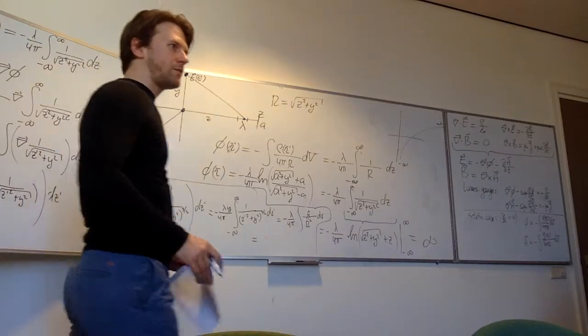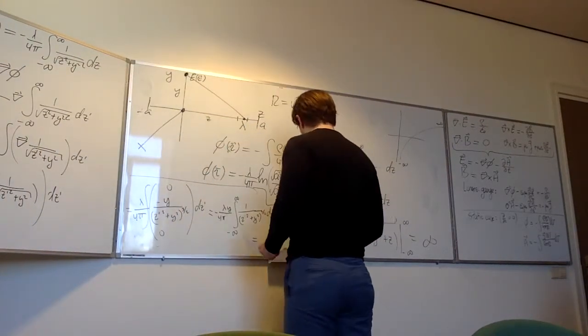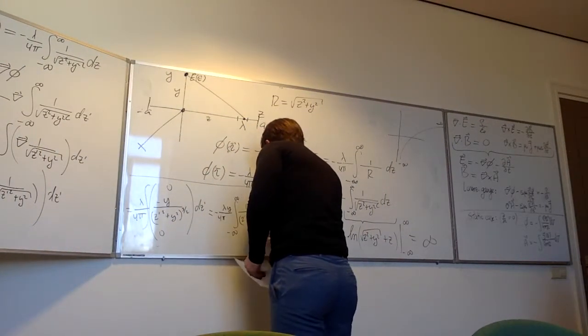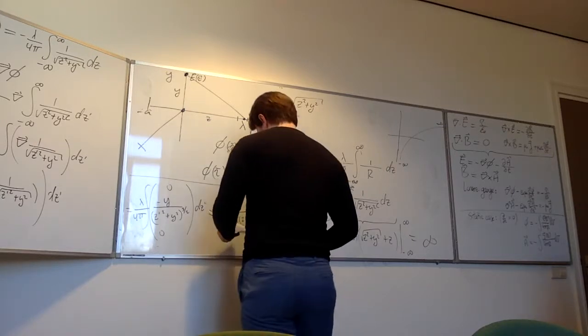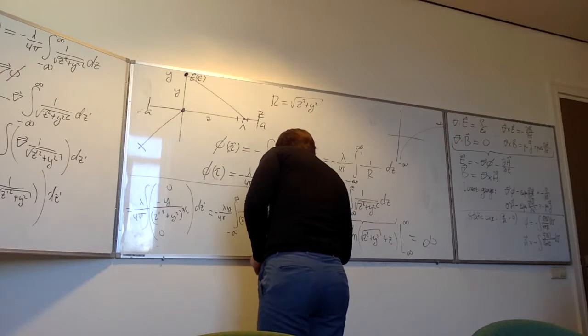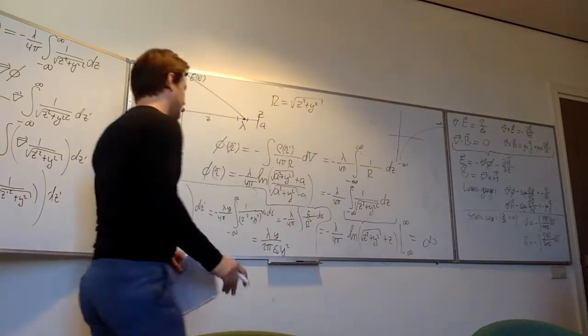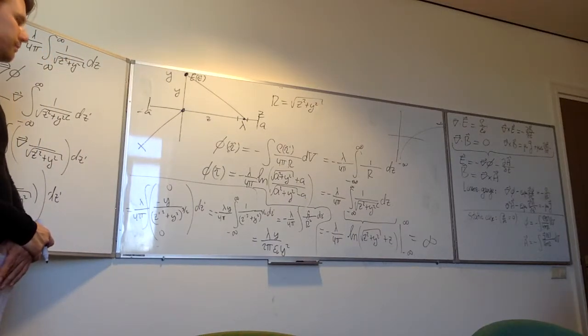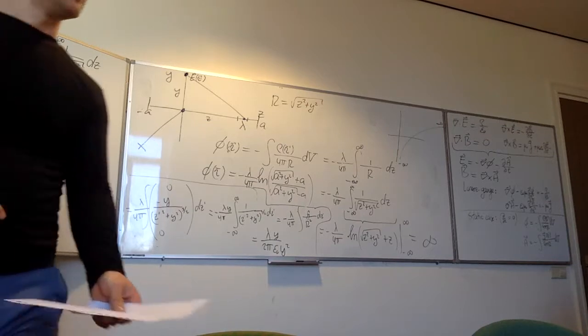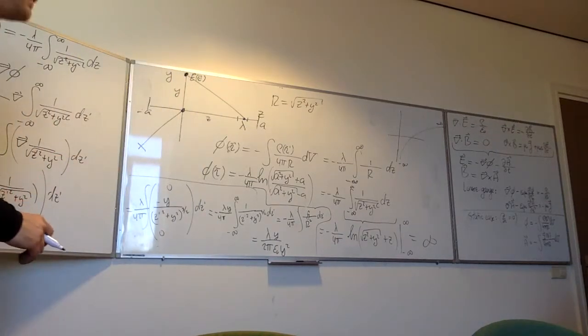So let me just give you the answer. It's this. Zero, and you'll get a y squared downstairs. This is the answer. Again, see your notes of 2 weeks ago when we did the exact same integral.